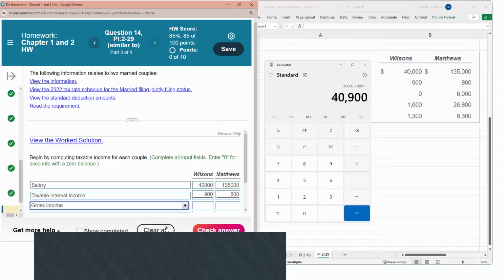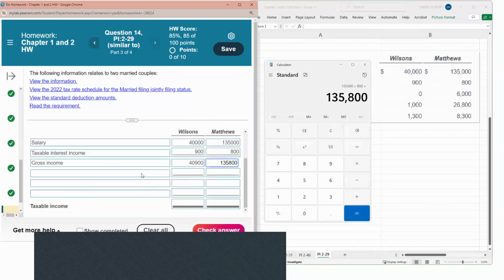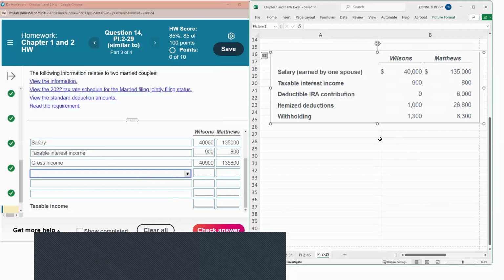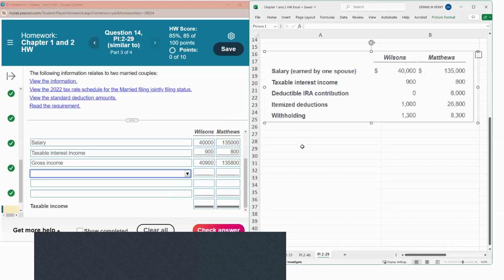Their gross income is 40,900. And for the Matthews, their salary of 135,000 plus taxable interest income of 800, 135,800, represents their gross income. So next from there, as we learned, there are some deductible things that can take place.